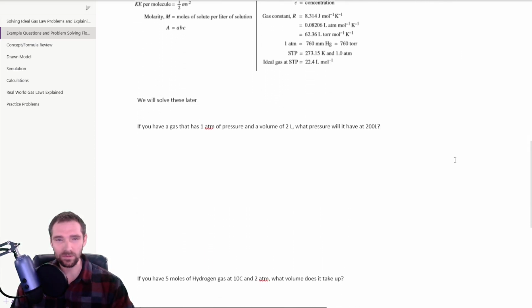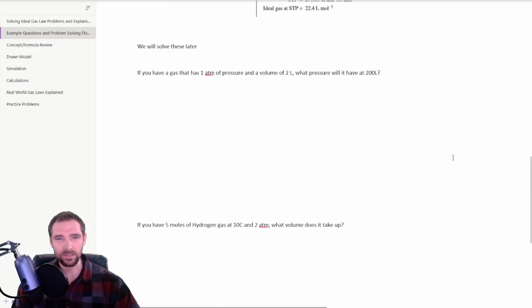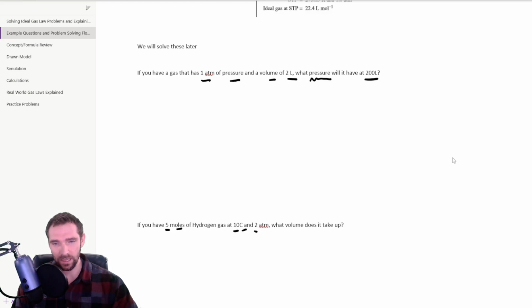And you'll see problems that typically look like this, where they say, here's this pressure, or here's this volume. What do you need to solve for, given that you have this new volume? Or maybe they're telling you, here's this number of moles, and here's some temperature, and here's some pressure. They're not even telling you that this is pressure, they're just assuming that you know that.